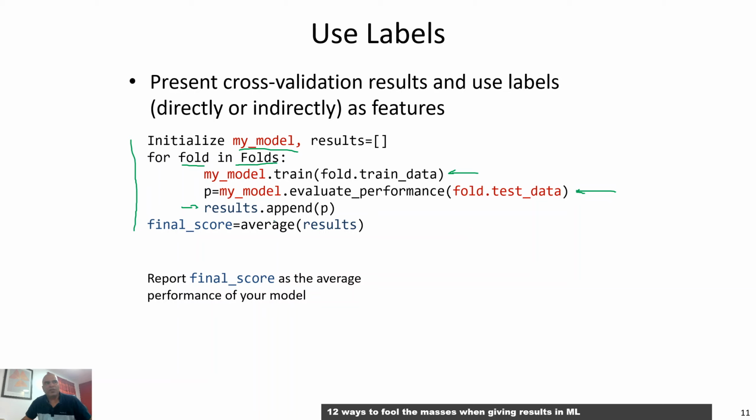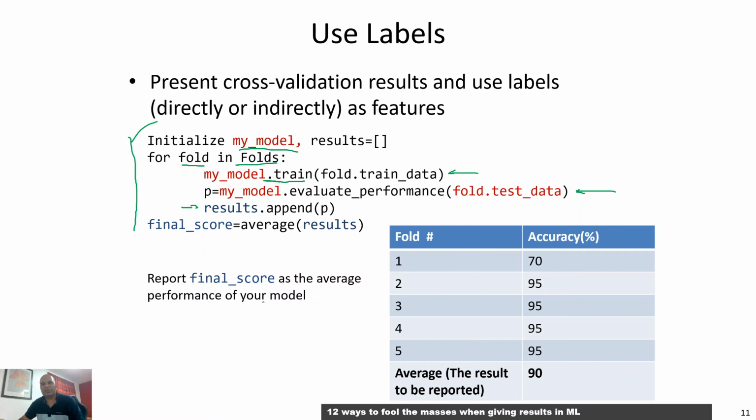But if you look closely, there is something fishy going on over here. The model is initialized before this loop, right? Then you train within each fold. Now, unless the train function reinitializes the model as a fresh model, what can happen is the model can accumulate the training cycles that it's getting, and that can lead to the final score being pretty high.